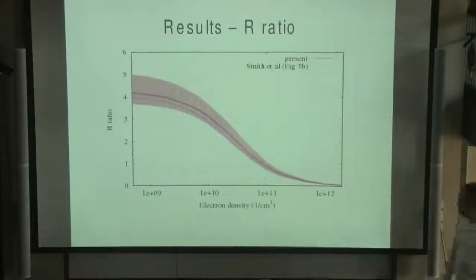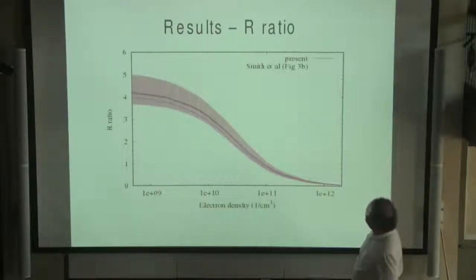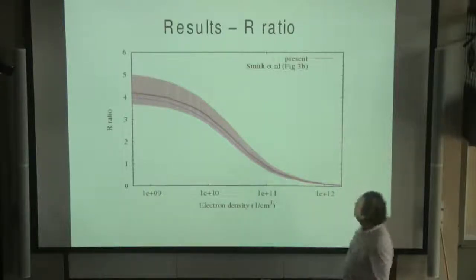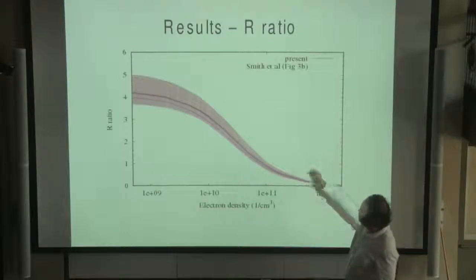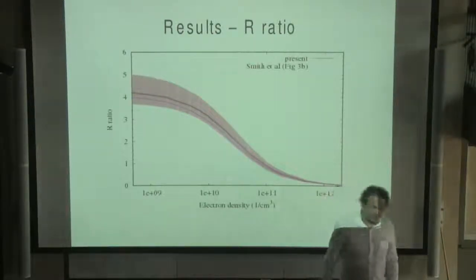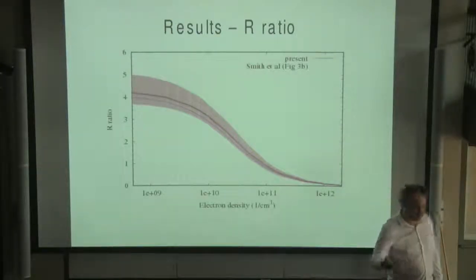So this is what we've done in our procedure for the baseline. Our most likely result is the red line. This compares with the Smith paper. And there's our generous error bars, but you can see that our error bar is a function of electron density. So again, hammering home the point, errors are a function of temperature and density.